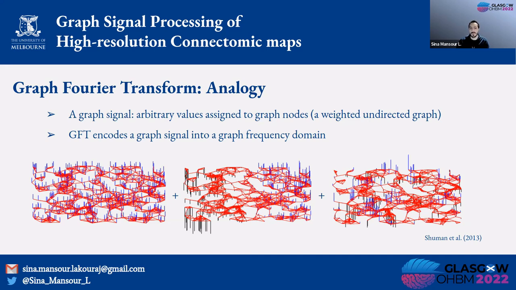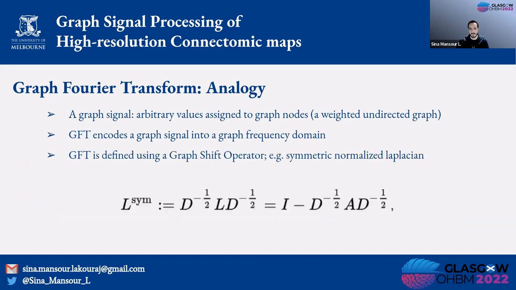But as we go to a higher frequency, we can see that there are more local changes in the values of the signal over the defined graph. So basically, graph Fourier transform encodes a graph signal into the basis of these frequency domains so that a signal will be represented as a linear combination of the spectrum.